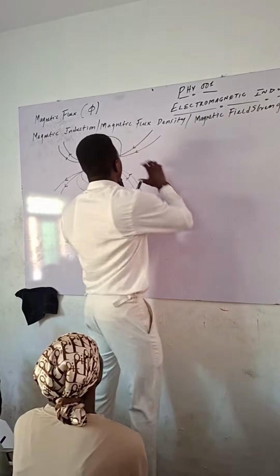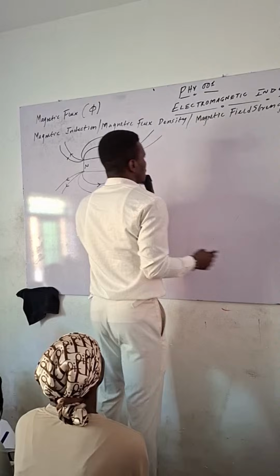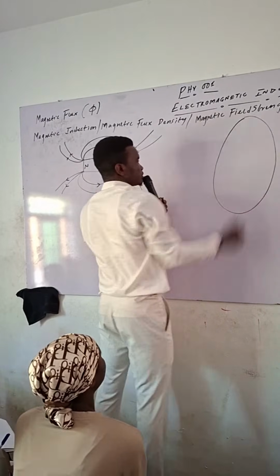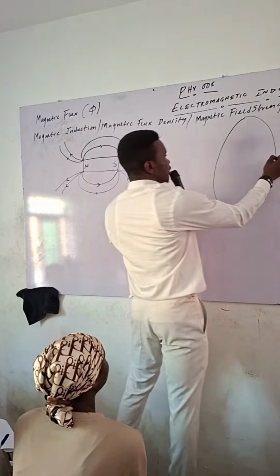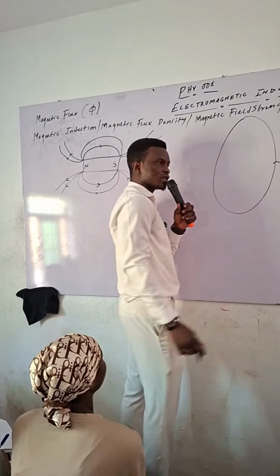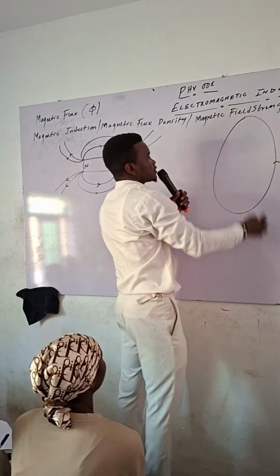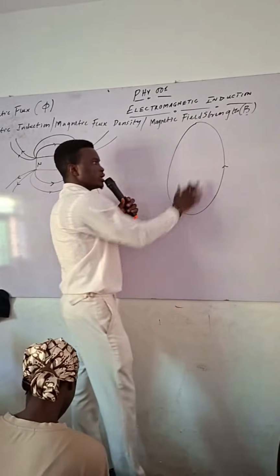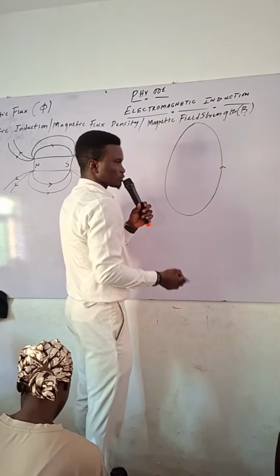So now, after that, I told you something like this, that let's imagine we have a coil. I told you if a current is flowing in this coil, then a field will be generated. Now, if the current flows anti-clockwise, the face of the field of this coil is going to be what?